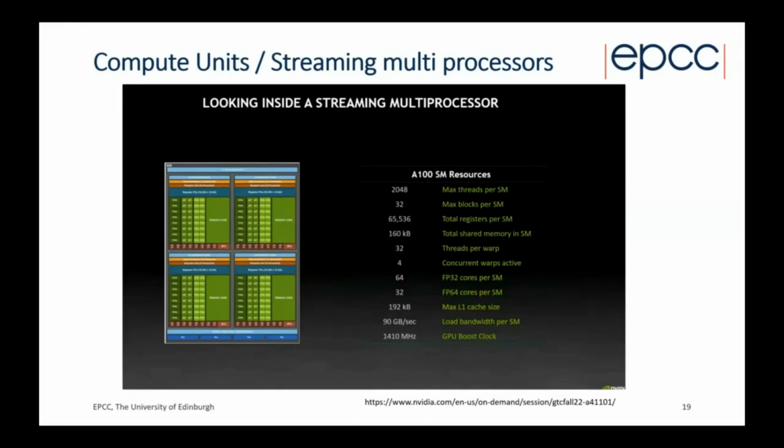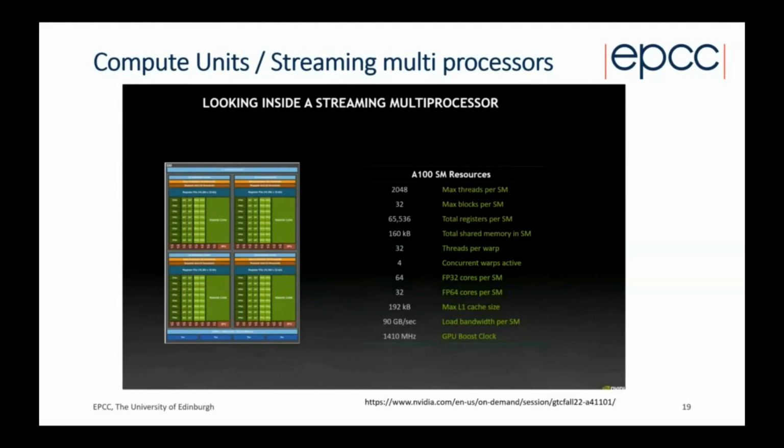It can do 32 blocks of work per stream multiprocessor. It has 32 threads per warp versus AMD's 64 per wavefront. It can have, and this is important, 4 of the warps active at any one time. So while we have a lot of threads, only a certain subset can be active doing useful work.